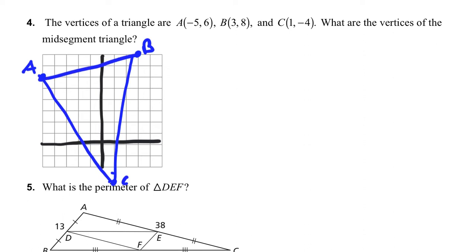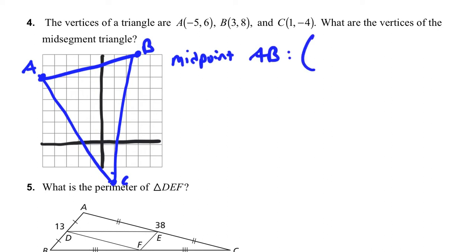Now it says find the vertices of the mid-segment triangle. So that means we want to make a triangle with the mid-segments. So first of all, we have to find the midpoint of all of these. Okay, so let's first find the midpoint of AB.